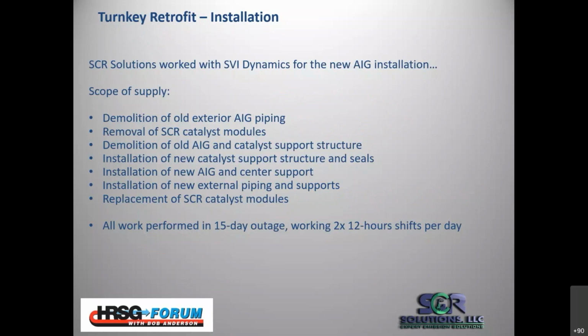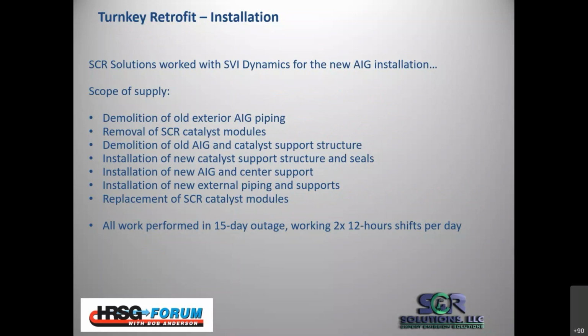So then the turnkey retrofit installation took place. We worked with SCI Dynamics to basically redesign the AIG and demo the old one. We had to take out the SCR catalyst because there were some other bypass issues going on there, which I won't get into.